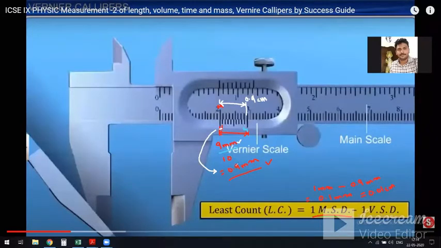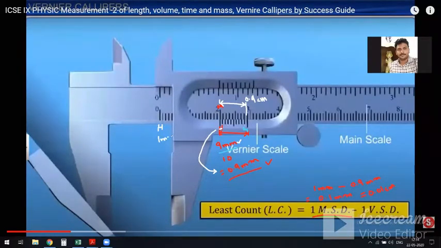So length of one division on vernier scale will be just 0.9 mm. Whereas the distance between one division on main scale, main scale means only this much distance, 0 and 1 mm. So this much distance is 1 mm.